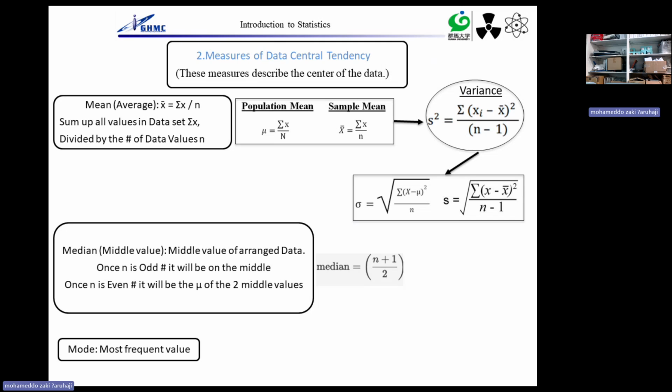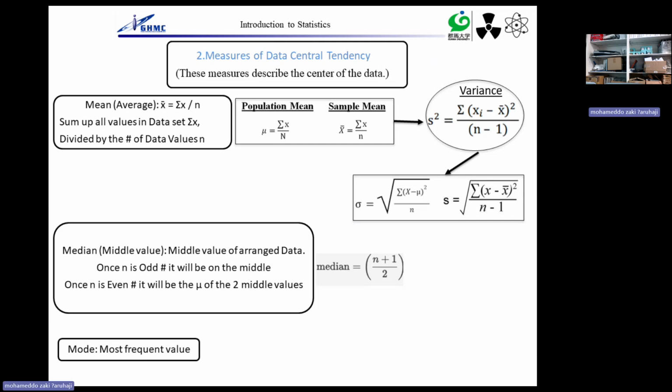So the first one is the easiest one: the average. Sum up all of them and divide by the number, and we get the average. This is the first one, easy. Now the second one, we want the median.